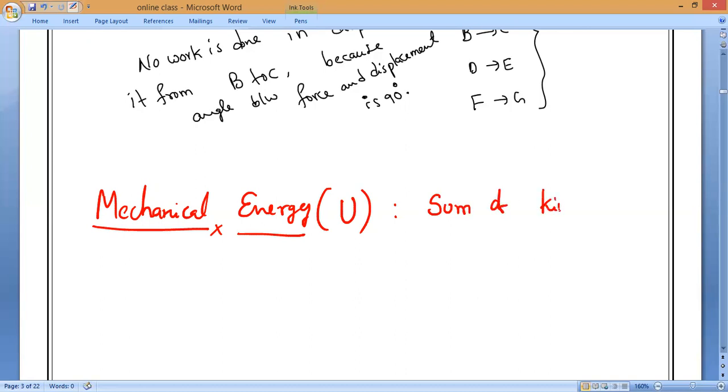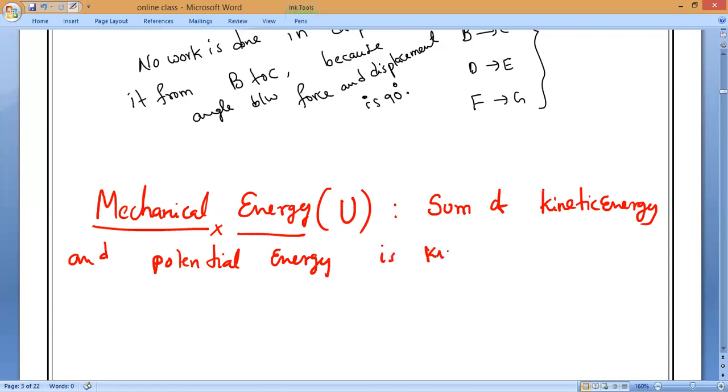The sum of kinetic energy and potential energy is known as mechanical energy. Now I want an example from your side.